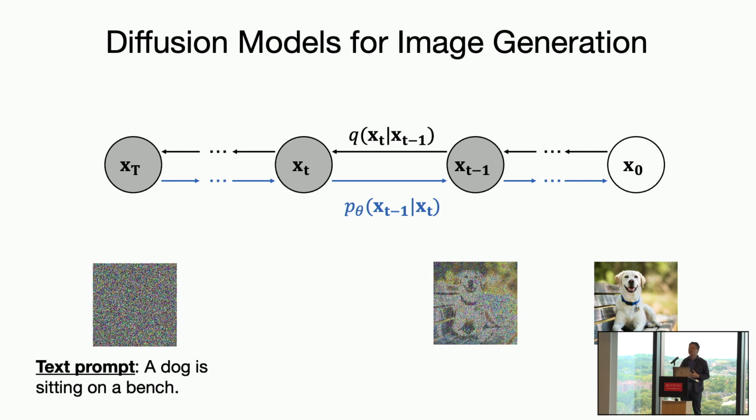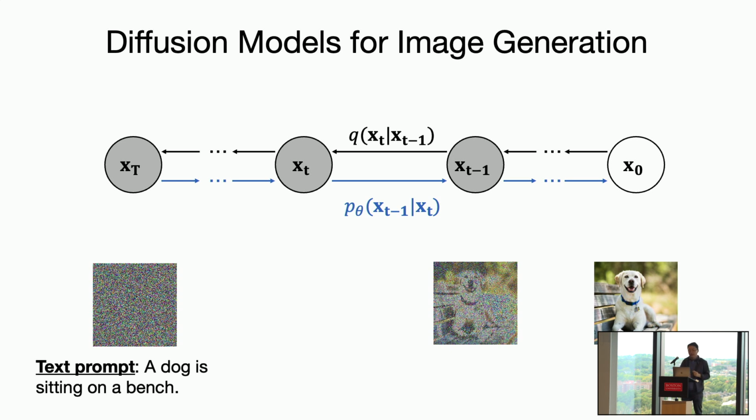In some cases, we may have some extra input like a textual prompt. For example, a user may say a dog is sitting on the bench. After removing those noises, the generated image should look faithful to the textual prompt.